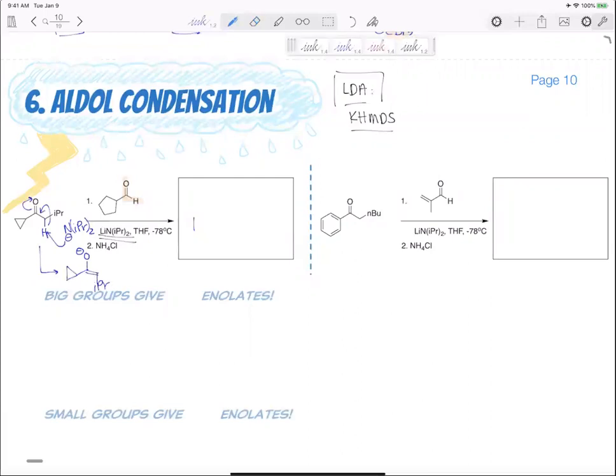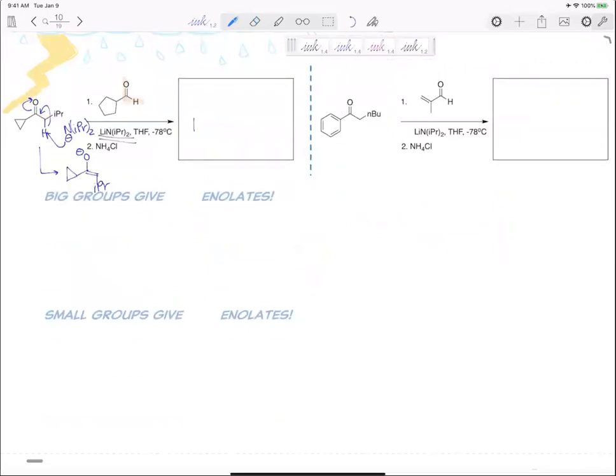And notice that my alkene is now anti with respect to oxygen, right? It's anti. And then when I bring in my aldehyde, it's just going to do a simple nucleophilic attack.